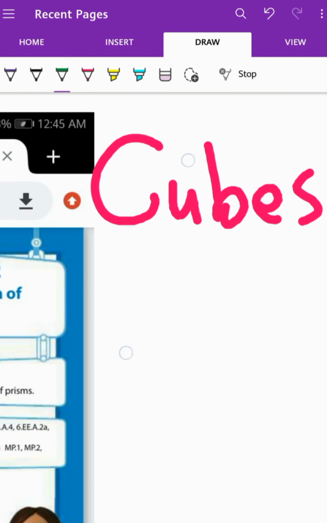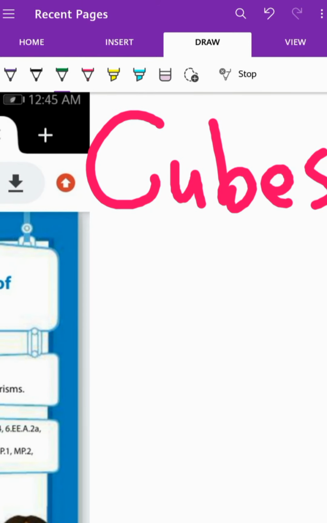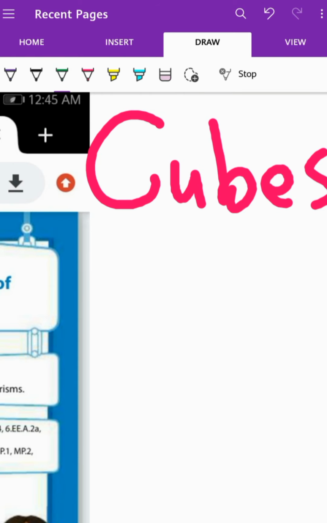Now let me teach you how to find the cube's surface area. First of all, let us agree about something. I will draw a square, or consider it a square, because my drawing is not 100%.